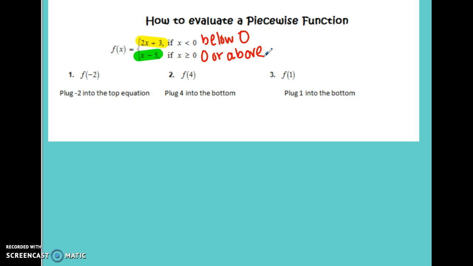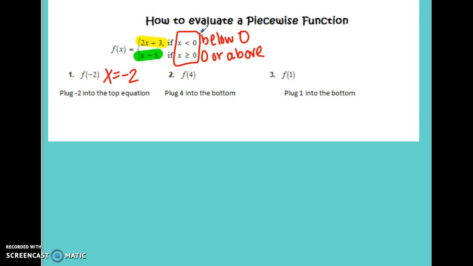So if I ask you f of negative 2, usually that's f of x, that means x is negative 2. So which equation do we use? The top or the bottom? X is negative 2, so this right here tells you which x values you're allowed to use for each equation.